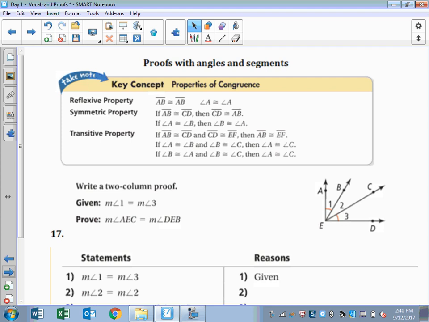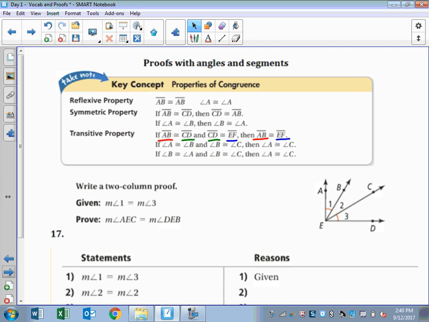And then transitive property. If AB is congruent to CD and CD is congruent to EF, then AB is congruent to EF. I'm going to use colors here to illustrate the point. Red is equal to green, green is equal to blue, then red is equal to blue.